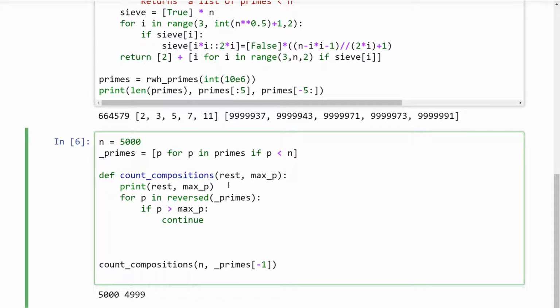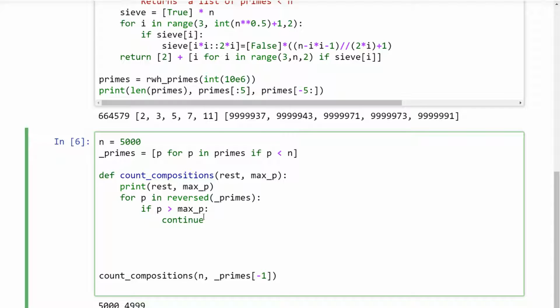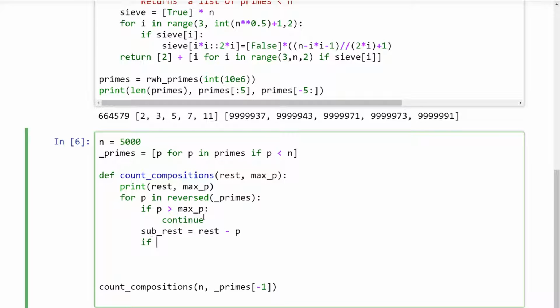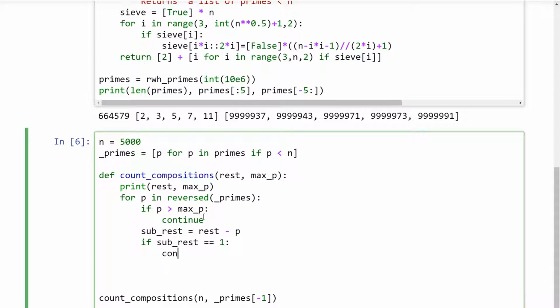No. It has to be greater, because the first iteration is looking at 499, which has to be part of it. Okay, so this is kind of a special case. 499, 5000 minus 499 is 1, which is not a prime, so it can't be further decomposed. So sub rest equals rest minus p, and if sub rest is 1, continue.